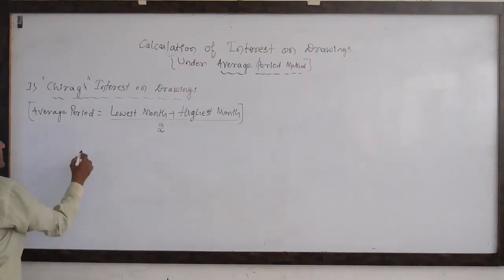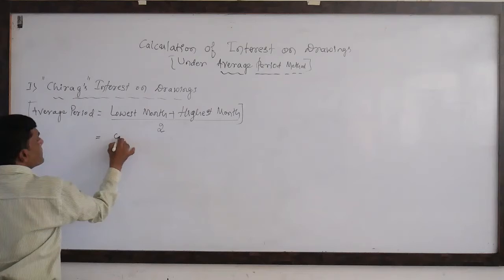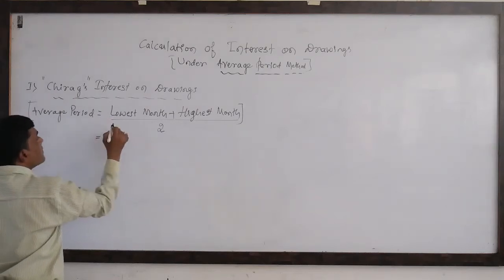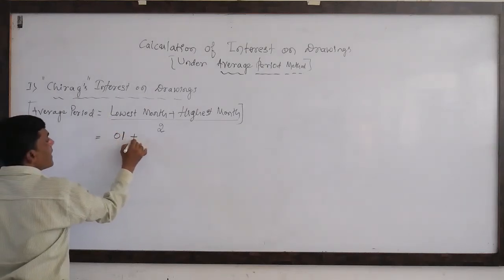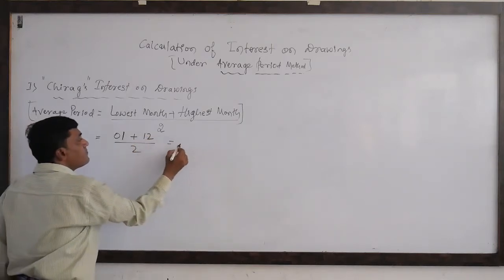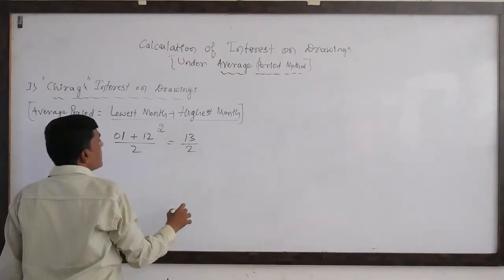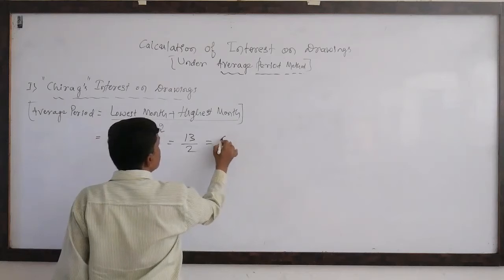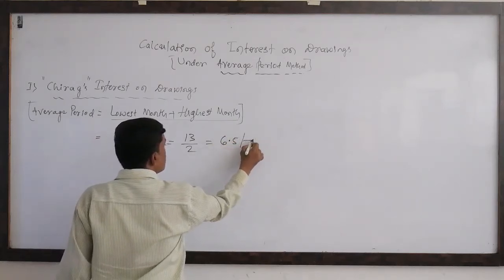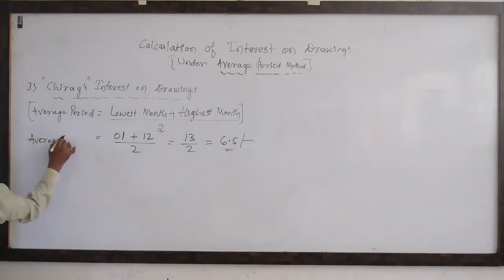Here, drawings made by Chirag at the beginning of every month means lowest month will be 1 plus highest month will be 12, whole divided by 2. So total, that is 13 divided by 2. By simplifying, you will get 6.5 as the average period for calculation of Chirag's drawing.